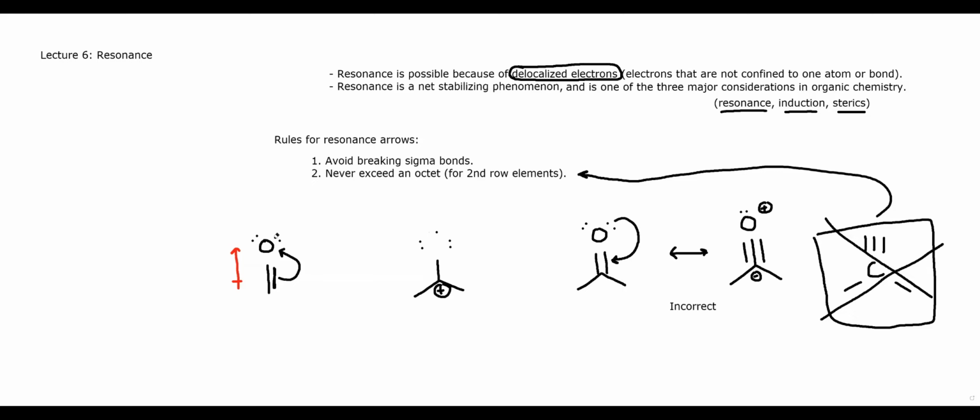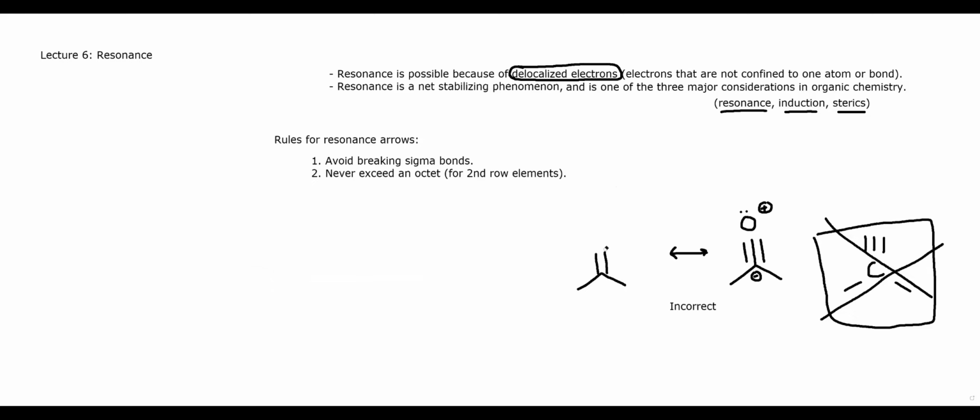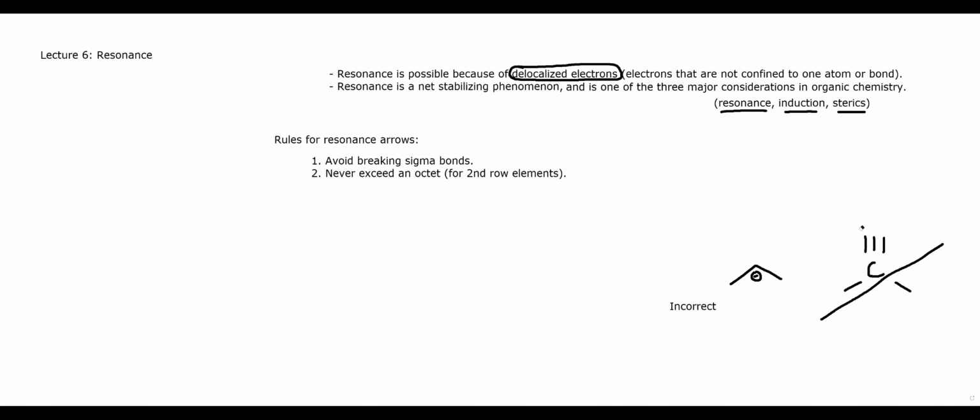Okay, let's look at a few other arrows. I'm going to draw a few more examples, and then we'll summarize sort of when we should be drawing arrows and some rules that we could follow.